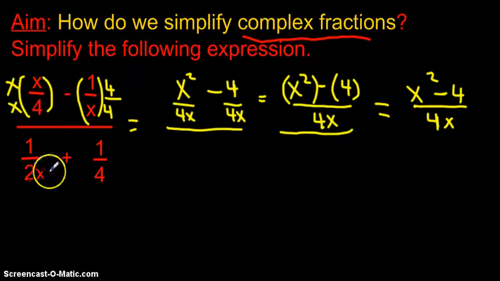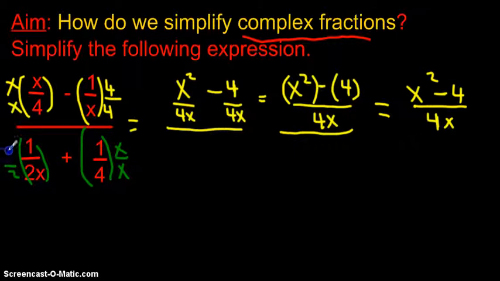Alright, these will be the same if they are also 4x, so we need to multiply this fraction here by x in the numerator and denominator, and this fraction by 2. And we'll get 2 over 4x plus x over 4x.